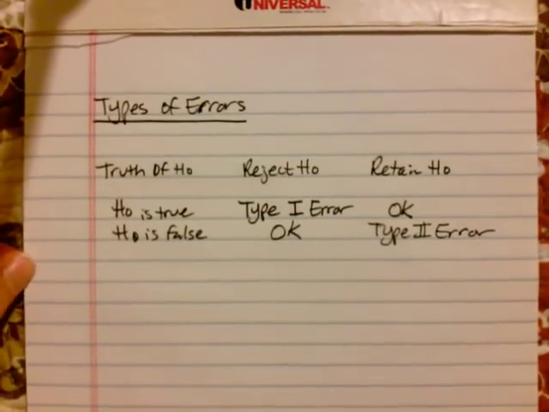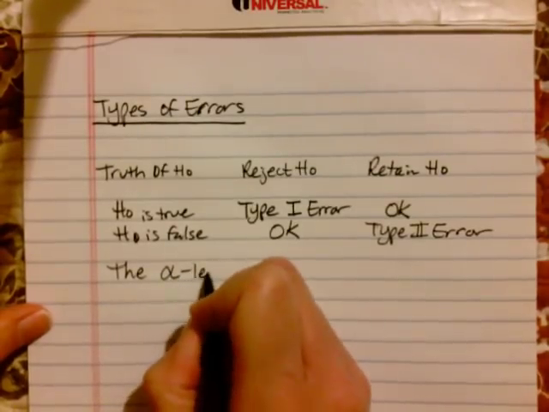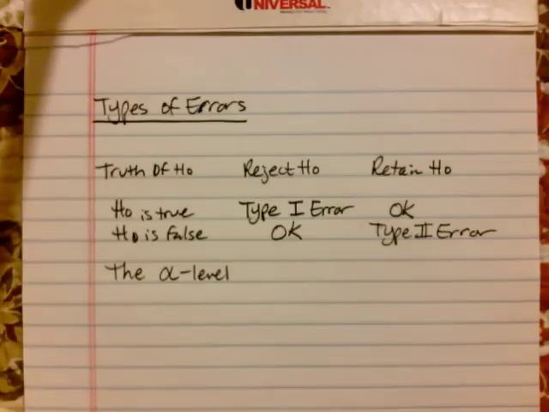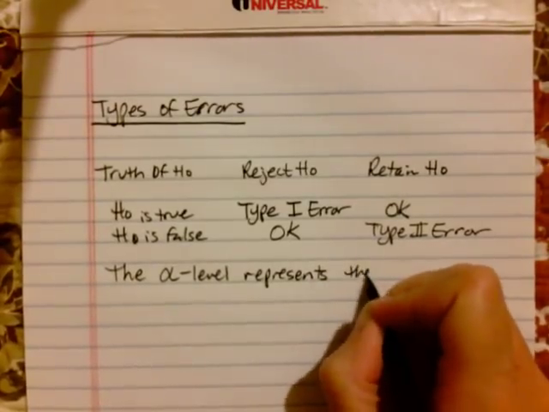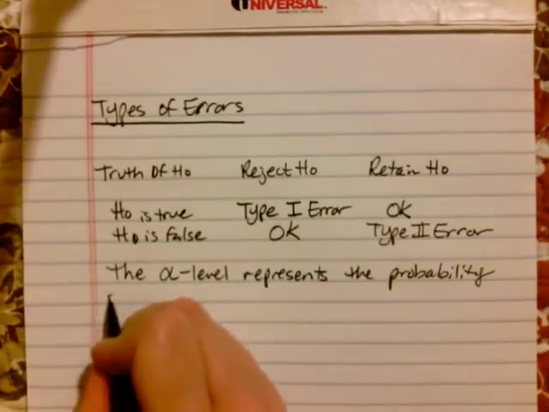Okay. Now, the alpha level that we set at the beginning of this whole process, the thing that we end up comparing our p-value to, represents the probability of making a type 1 error.